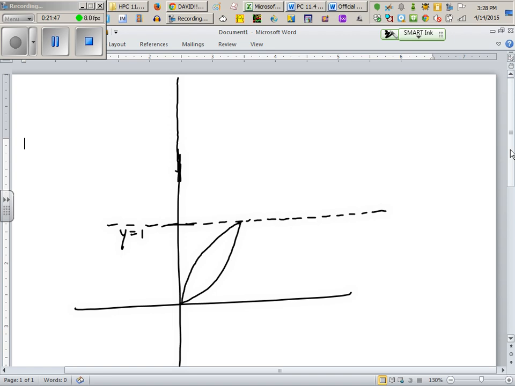So when you rotate around, you're going to get something like this, maybe a little too big. Like that. I can't draw very well, but this is your solid.